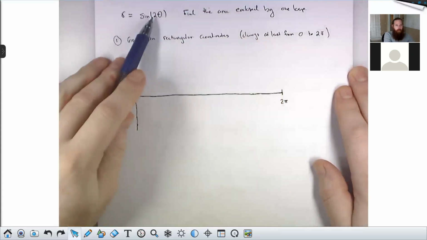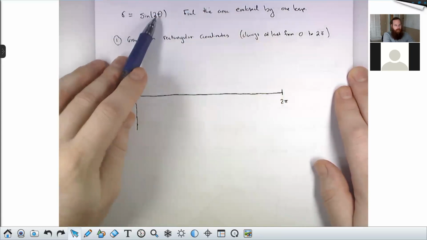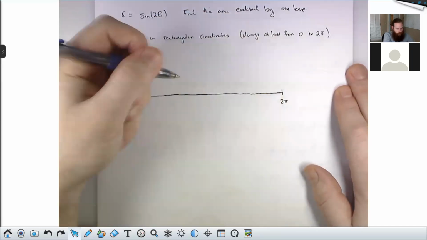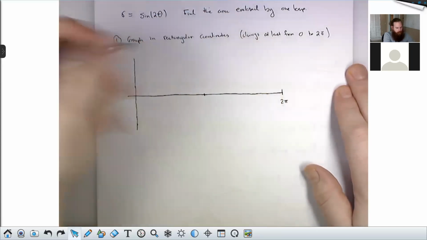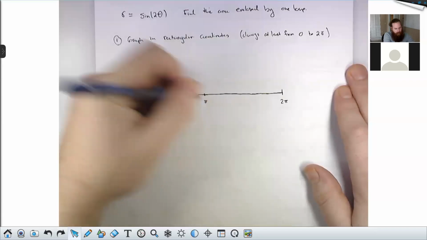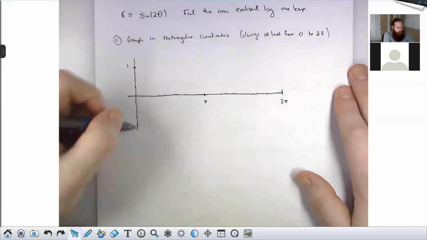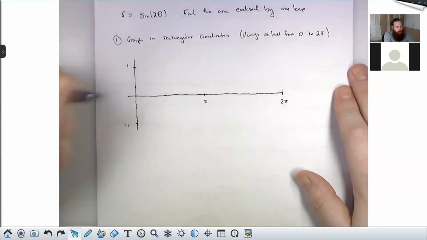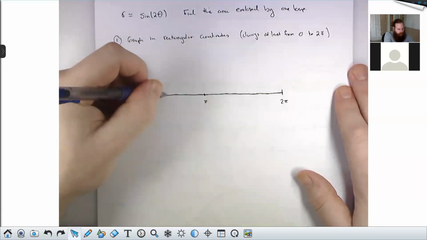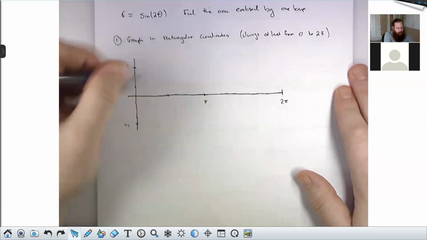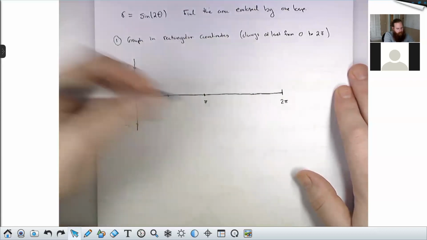I know that sine 2 theta is periodic, and the period is actually pi. So we're going to go through 2 full cycles of this sine wave between 0 and 2 pi. The amplitude is 1. So we'll go from a min of -1 up to a max of 1, and we start at 0. And I know that I'm going to go through a full cycle from 0 to pi.